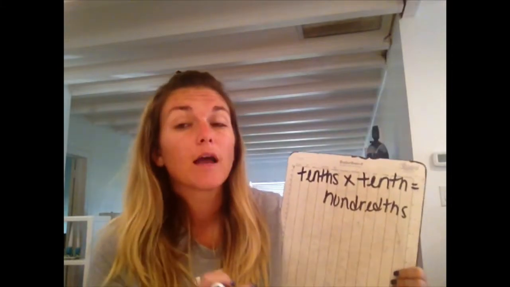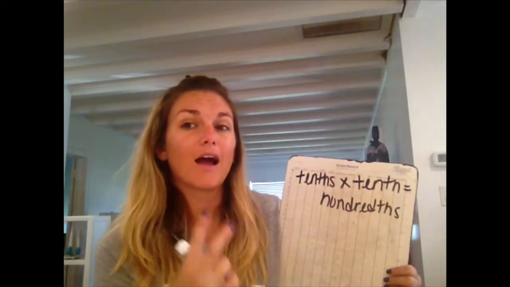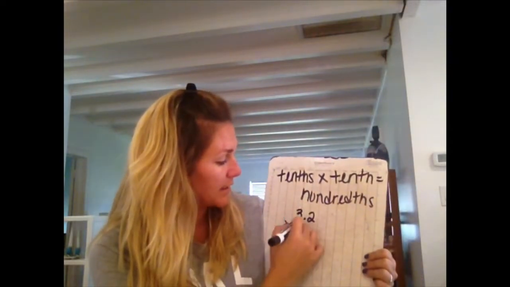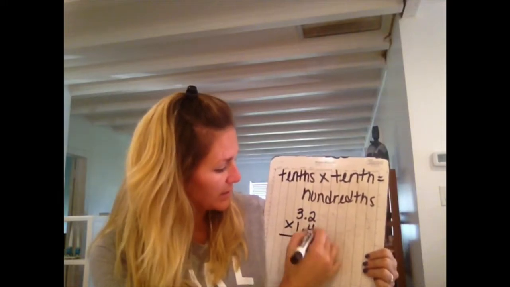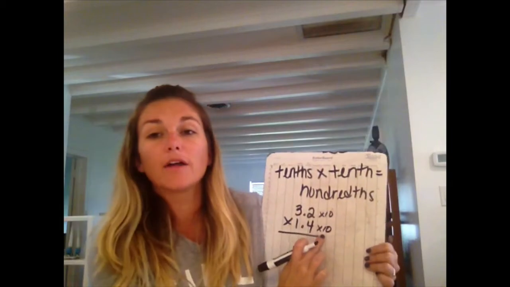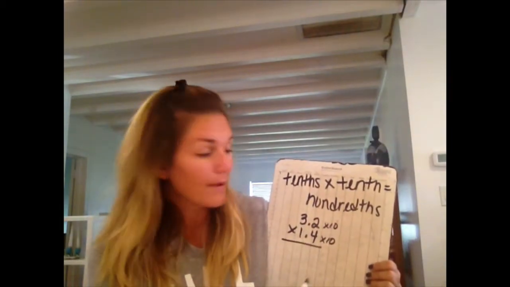So in this case, my answer is going to get 2 powers of 10 times smaller. So if I have 3 and 2 tenths times 1 and 4 tenths, okay, I would multiply it by 10, multiply it by 10. This is where my hundredth is, because 10 times 10 is 100, okay?